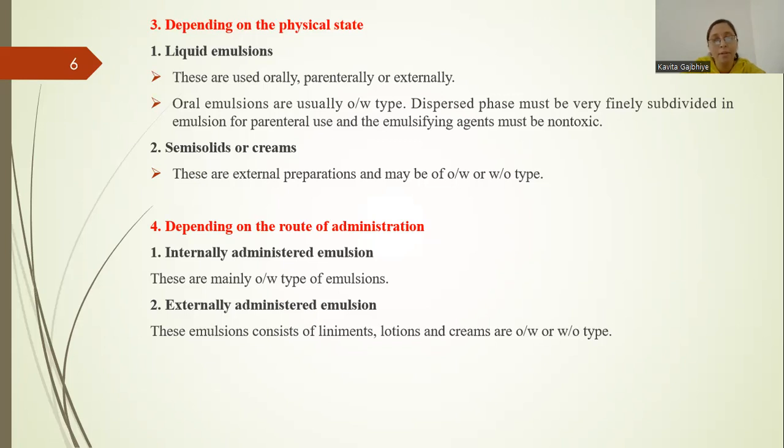Whereas externally administered emulsions basically comprise liniments, lotions and creams, and they are either O/W type or W/O type. So these are the classes of emulsion depending on the size of droplet, the physical state, and the route of administration.